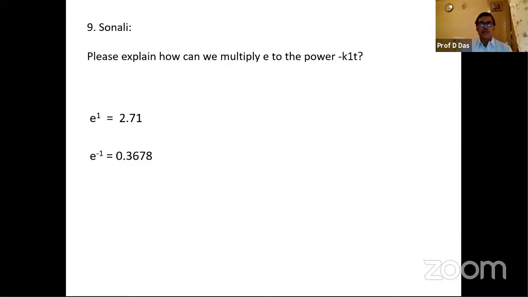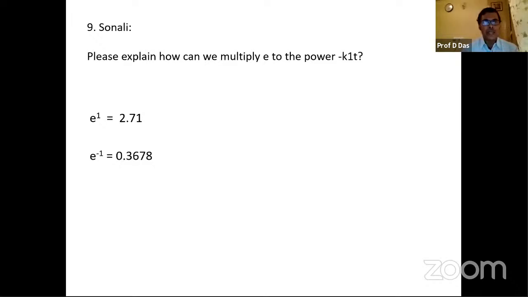So it is very simple. Again, I am repeating that K1 is a rate constant. Am I right? So the rate constant multiplied by the time of reaction gives you a number, and that number may be positive or negative. If you take e to the power of a positive number, you can just type it in the calculator and you will get the value.